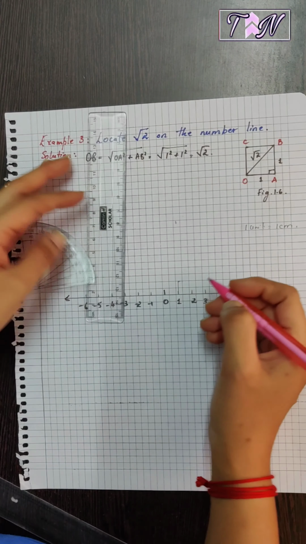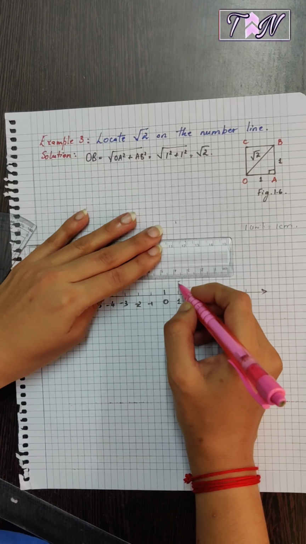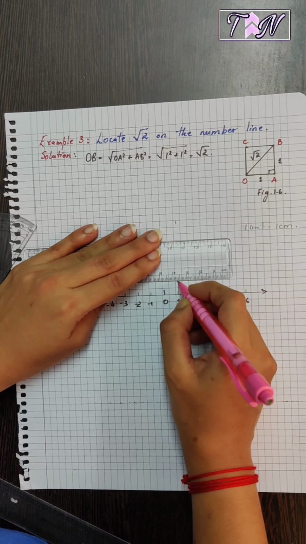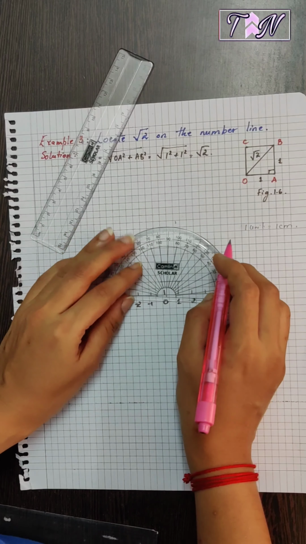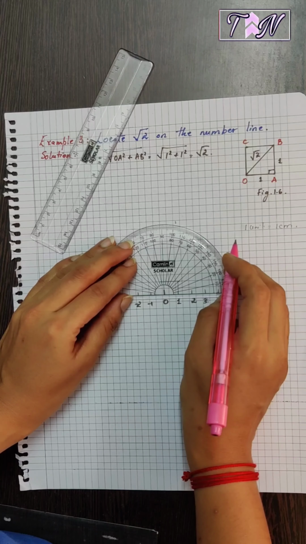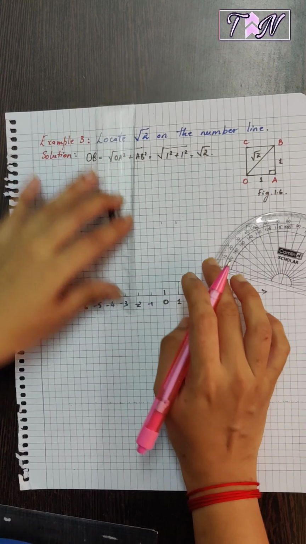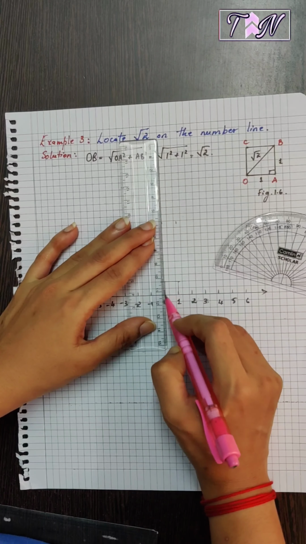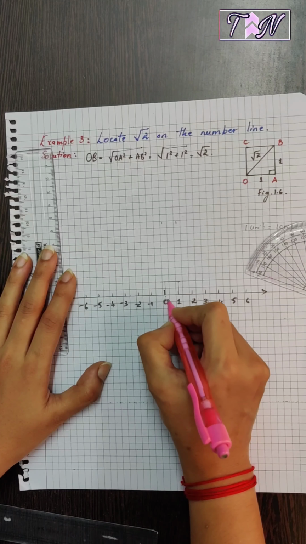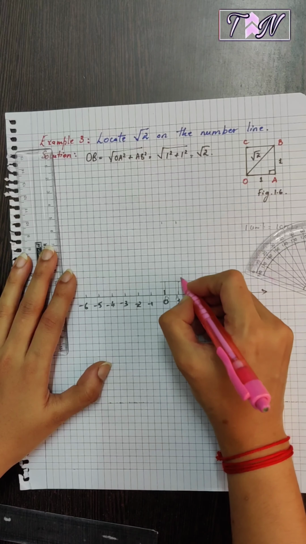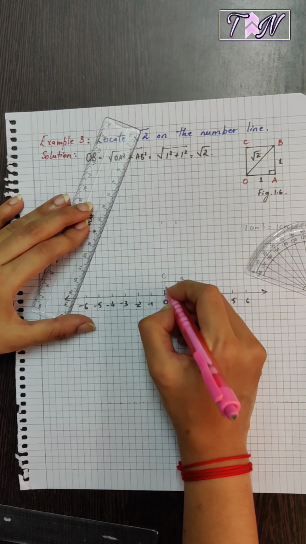So you can see this is 1 centimeter, and this line is straight, so I'll directly draw it, and again 90 degrees from here. So if I am transferring this figure onto the number line, this becomes O, this becomes A, this becomes B, and this is C. And if I join OB, we know that this is equal to root 2.